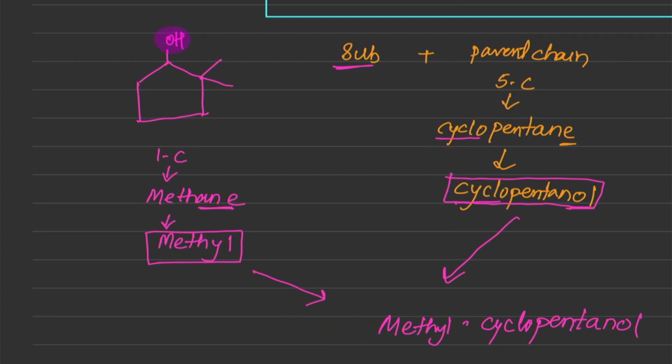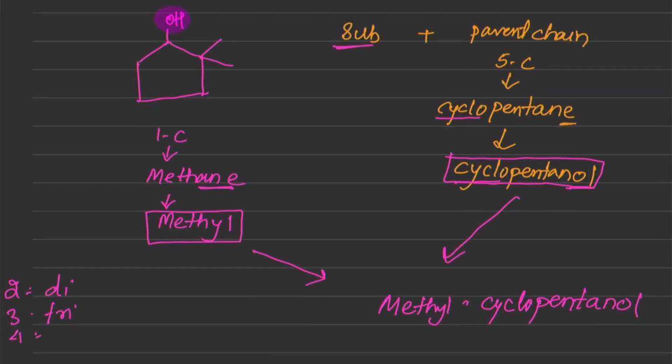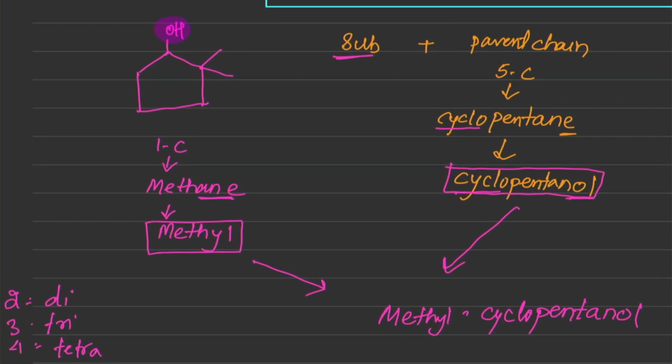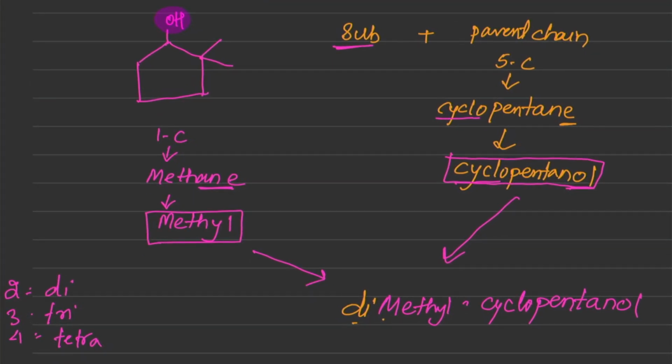How will we represent 2? We represent 2 as di, 3 as tri, 4 as tetra, and so on: tetra, penta, hexa, right? So instead of writing methyl, we can write dimethyl. This is not correct yet, I'm getting there. We add di to show that we got 2 methyl groups.